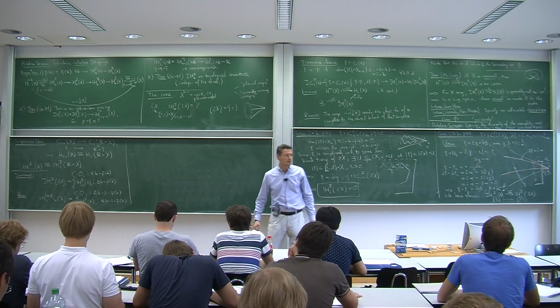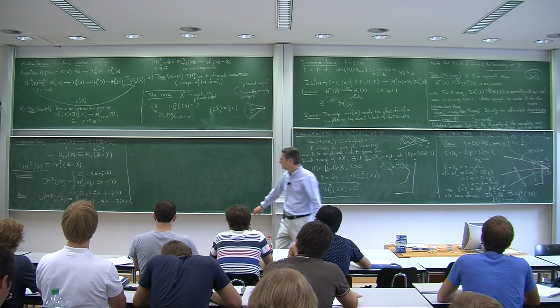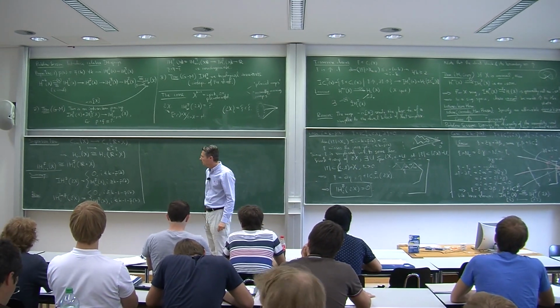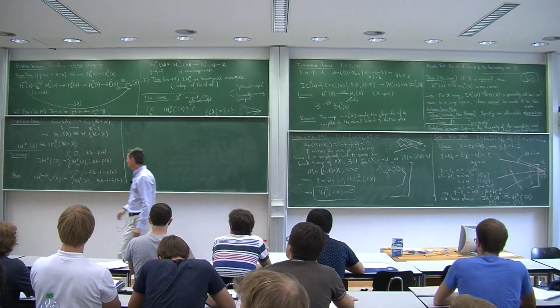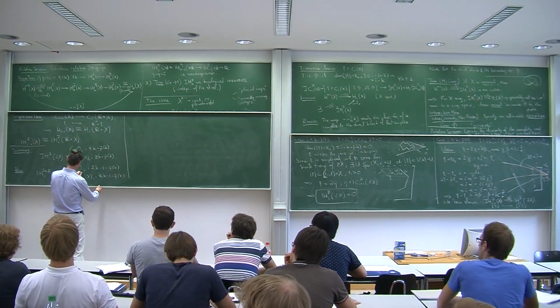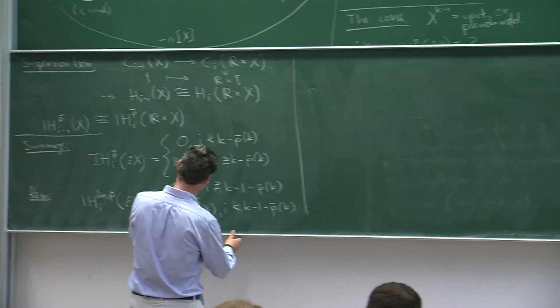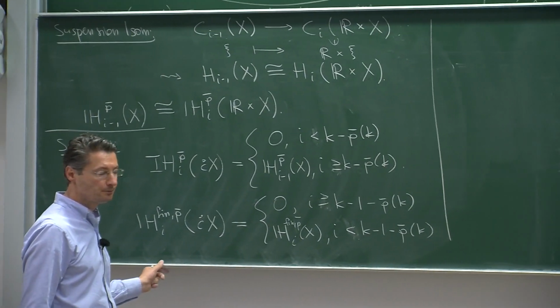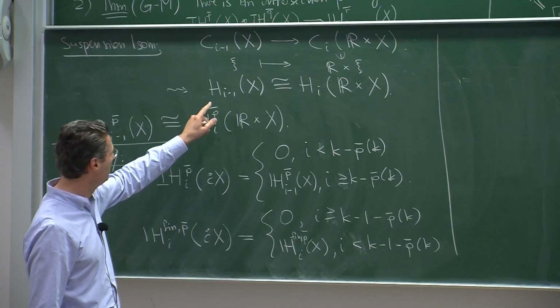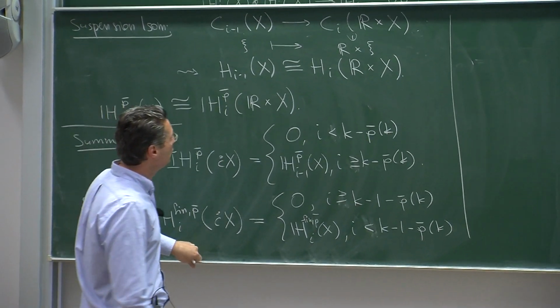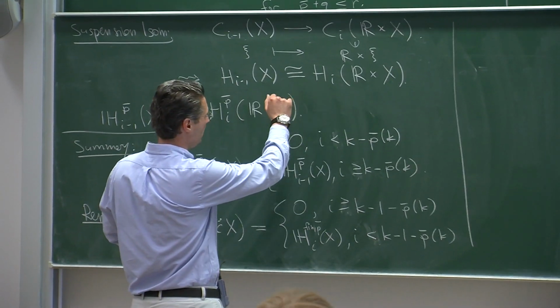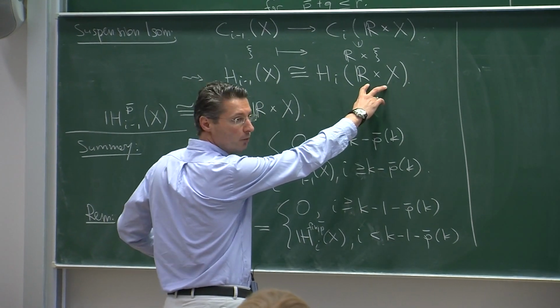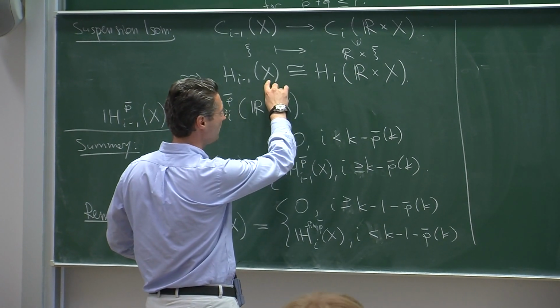In the last line, should it also be the intersection homology of i minus 1? No, because if you use, I mean, here, of course, it should be finite. But if you use finite chains, there is no degree shift. For example, you can already see this here. If you use finite chains, this space is homotopy equivalent to X itself.